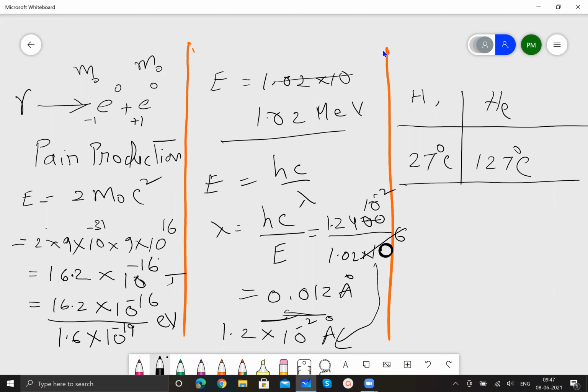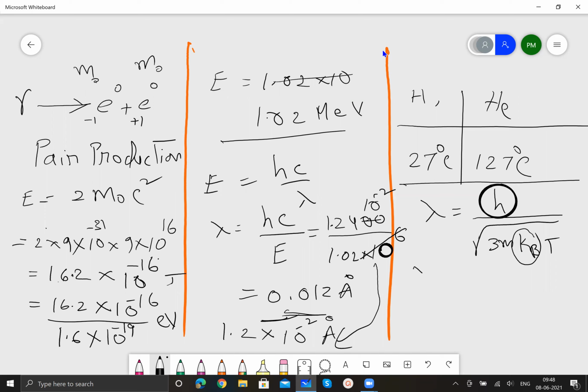So how will you solve this? I gave you one formula for de Broglie wavelength. Lambda is equal to h by root over 3m kb into t. In that, h and kb are constants, correct?